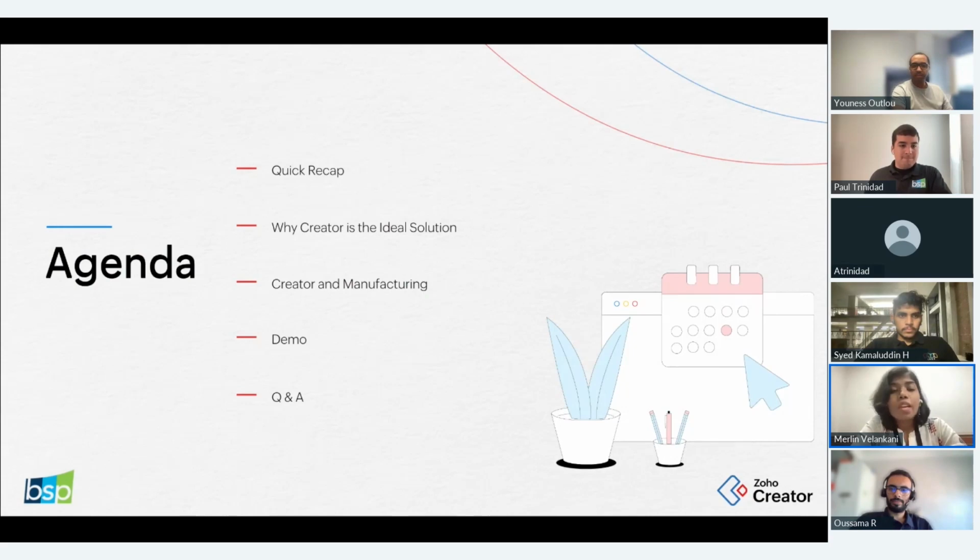And then we have Osama and Venus who's going to take us on a use case journey, a customer's use case that they worked on previously with Creator, and they're going to follow it up with a demo. So basically, they're going to focus more on custom function and how you can build applications for your manufacturing businesses. And once that's done, we will have a Q&A session where you can ask away all your questions to our experts, and they'll be very happy to answer all of that.